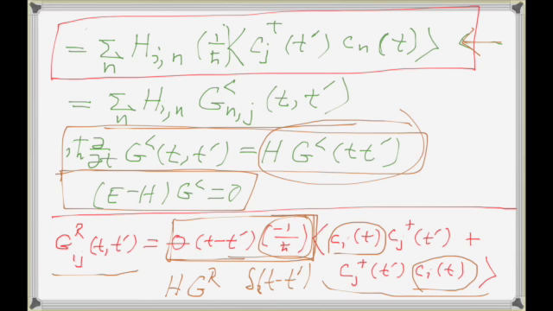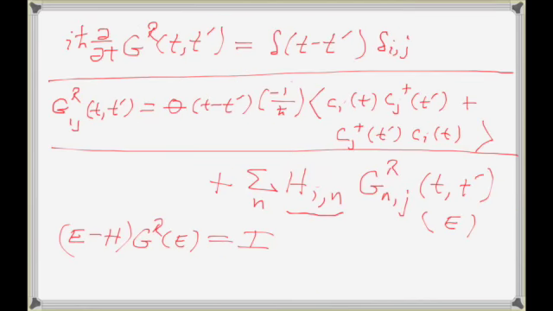So for this term, in the rest of the expression, I set t equal to t prime, since that's the only time I'm going to get anything. And when I set t equal to t prime, I get delta ij. So from that other term, I just get delta of t minus t prime times delta ij, which is written on the top line up here.